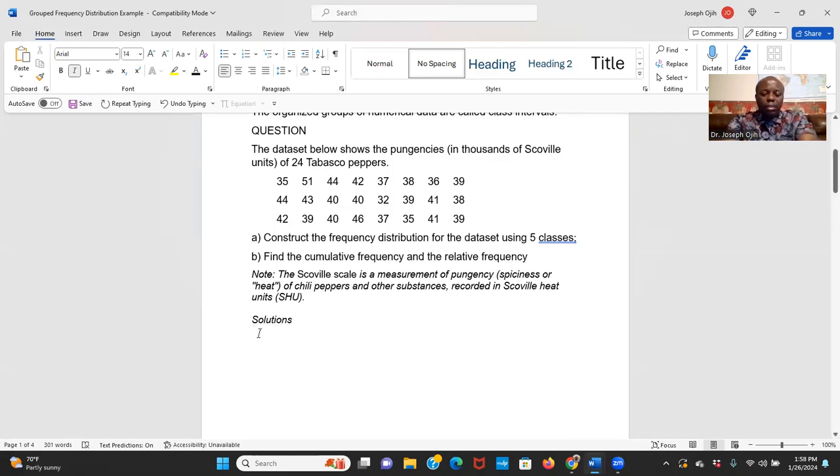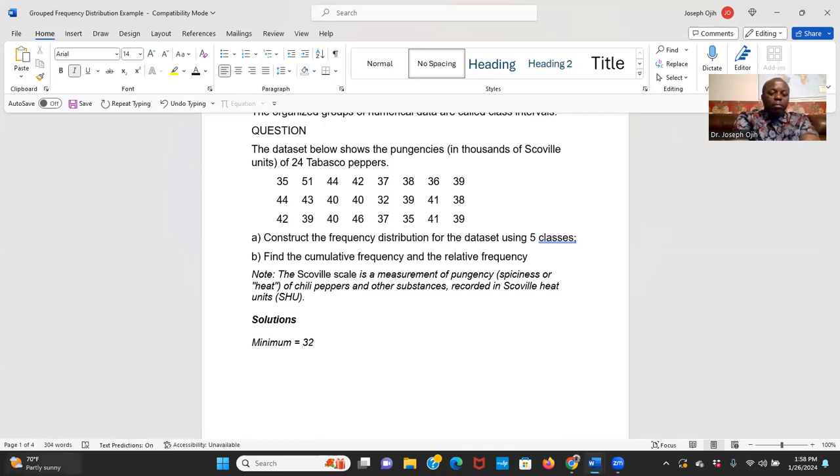Okay. Now, to find the class width, we need the minimum, which is the smallest number there. If you look at this list, I think the smallest number is 32, right? So I'm going to write 32 right here.